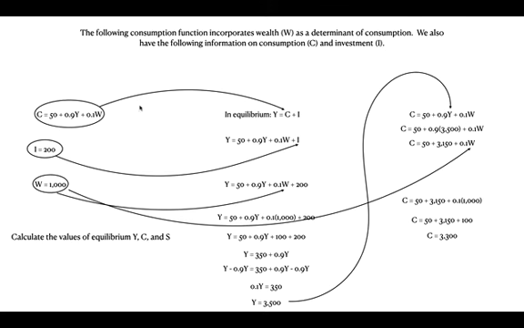The other issue might be that you have some trouble with algebra or had forgotten some basic algebra along the way. So what we do is, with the information that we're given for C, we plug that in, the 50 plus 0.9Y plus 0.1W, and we plug in the information for I, which is equal to 200, and then we go through the manipulations.